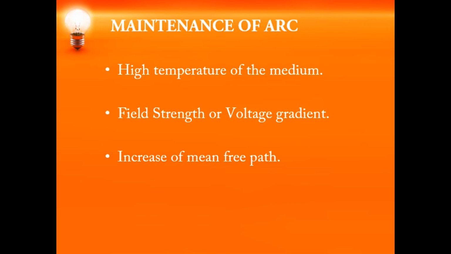The separation of the contacts of the circuit breaker will increase the length of the path, which in turn will increase the number of neutral molecules. With the increase in the number of neutral molecules, it will decrease the density of the gas, which will increase the free path movement of the electrons. All these factors will lead to the maintenance of the arc.